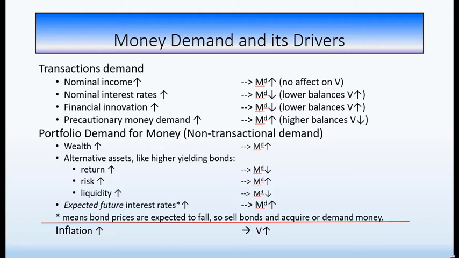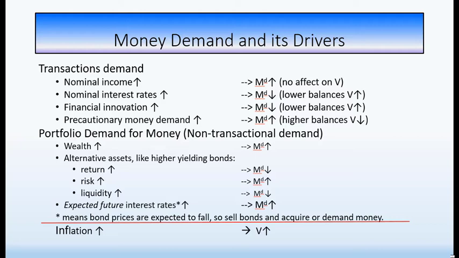Remember, money demand represents how much money you want to hold in your pocket or in your checking account. And when interest rates go up, the opportunity cost associated with keeping money in your pocket or in a checking account goes up. So what do you do? You lower your demand for money. You lower your balances, and you move it into a bond fund.